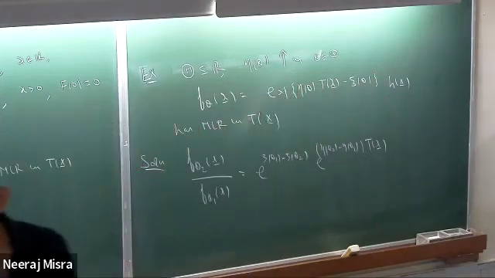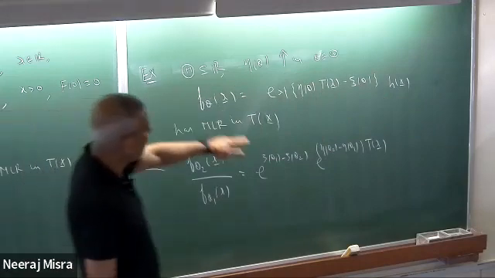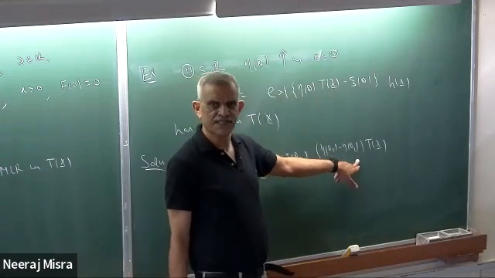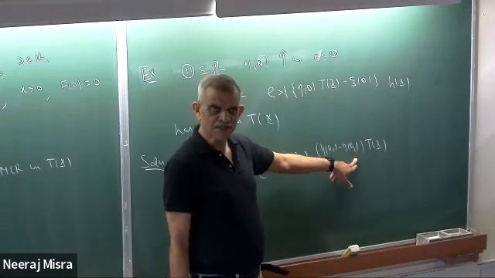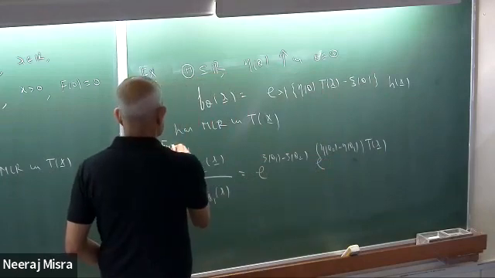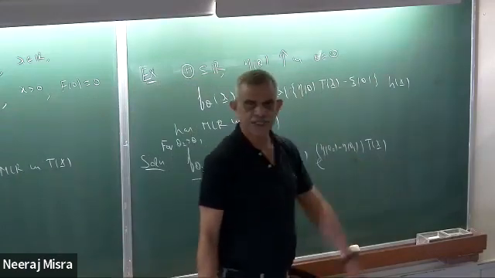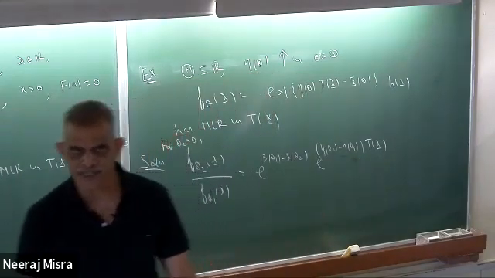All right. As a function of T, what is happening? Because eta was an increasing function, eta(theta2) minus eta(theta1) is greater than 0 for theta2 greater than theta1. Then it is e to the power some positive quantity into T(x). That means it is an increasing function of T(x).